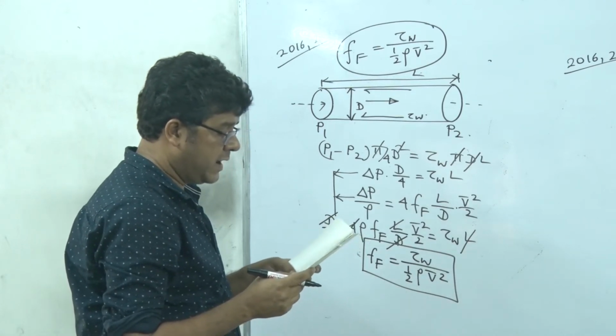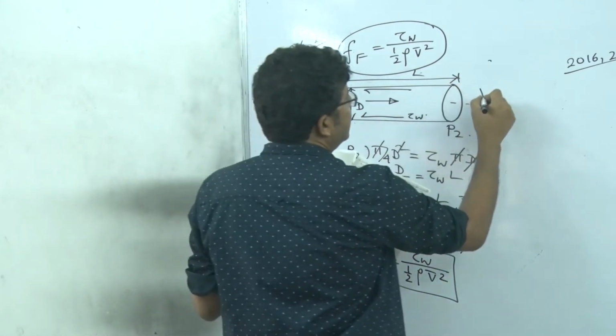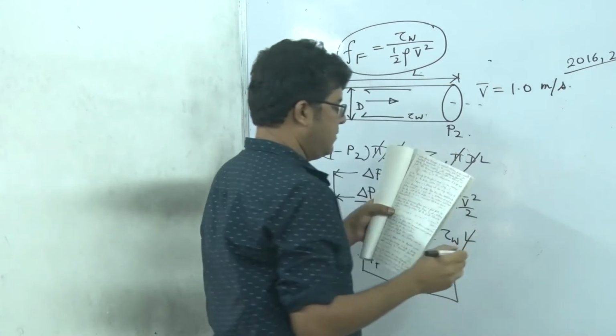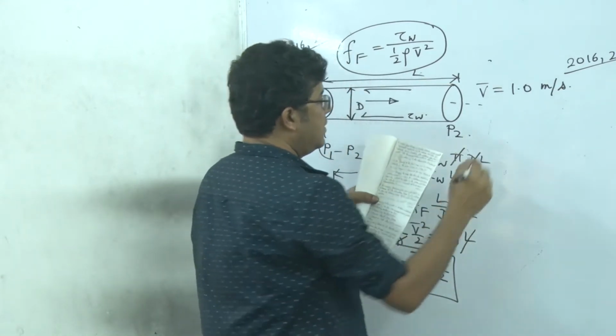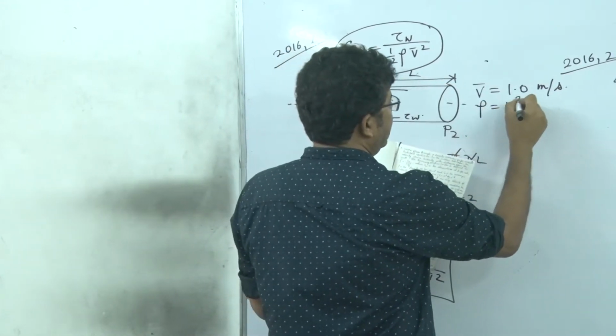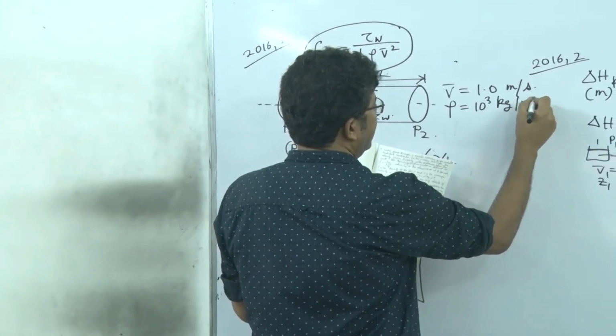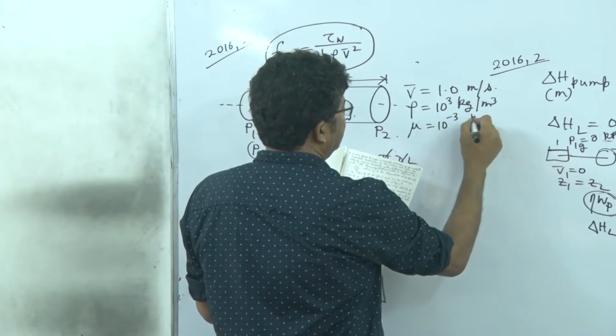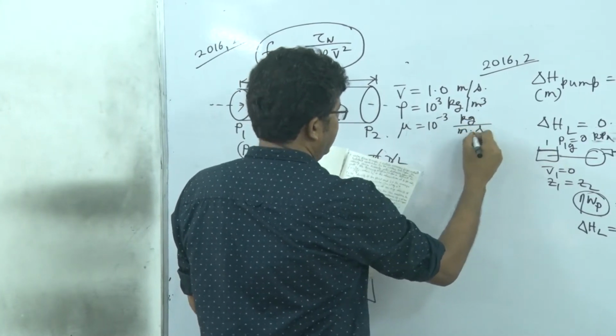Water flows at an average velocity of 1 meter per second, and its rho is 10 to the power 3 kg per meter cube. Mu is equal to 10 to the power minus 3 kg per meter per second.